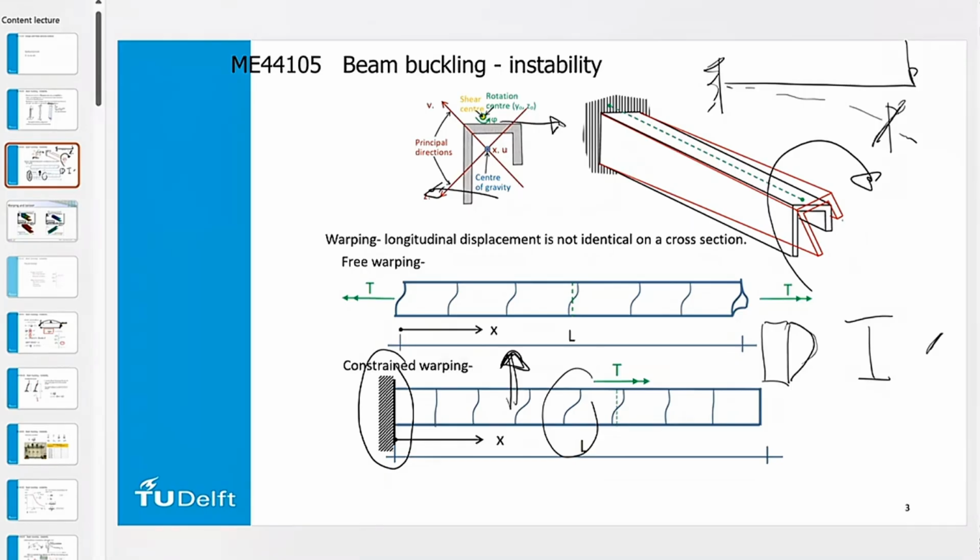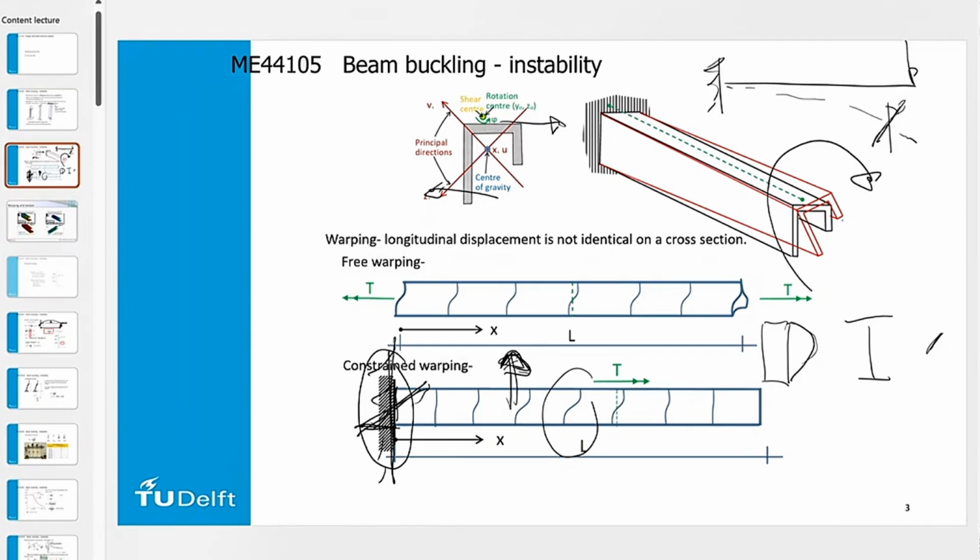And for open structures, the constraint here at the edge results in a tension and compression stress over the top plate, and that results in a considerable increase in stiffness.